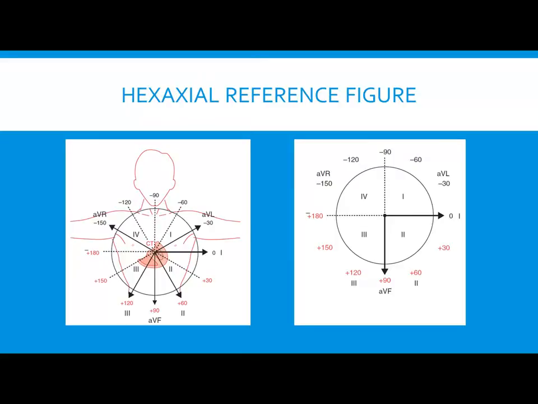Don't get hung up on this right now. In this, we're looking at the direction that the positive is going. If you were to take this and space it out, you would see that leads 1, 2, and 3 spaced out make the triangle, all right? And then you would see that these will show the point of reference in that triangle.